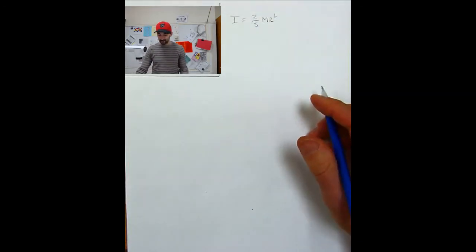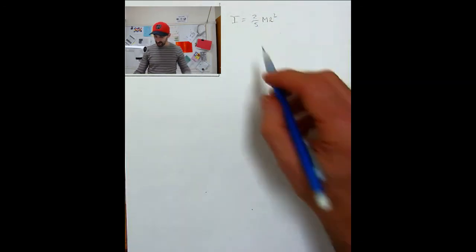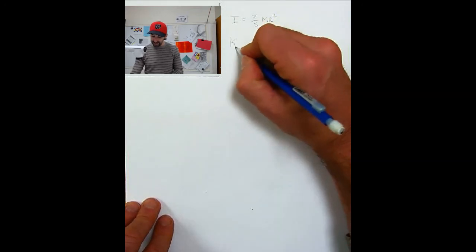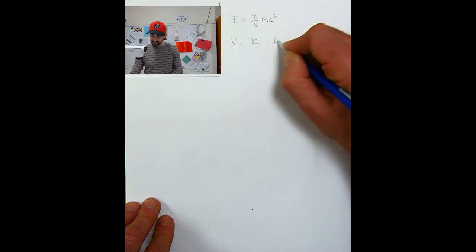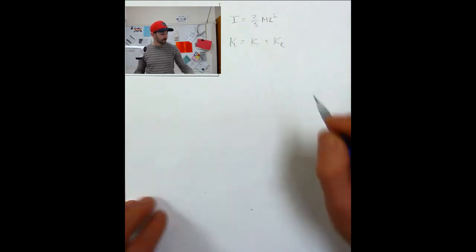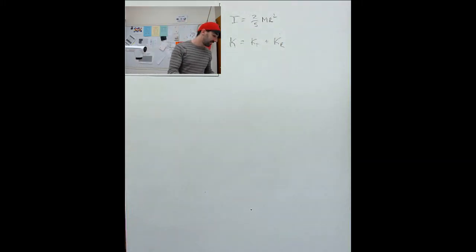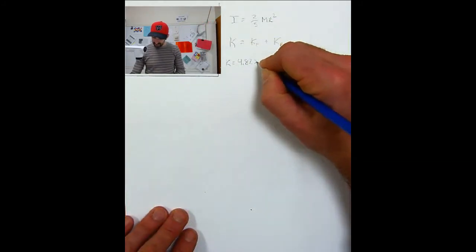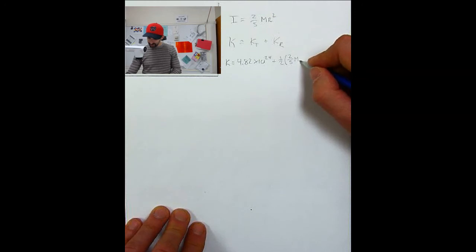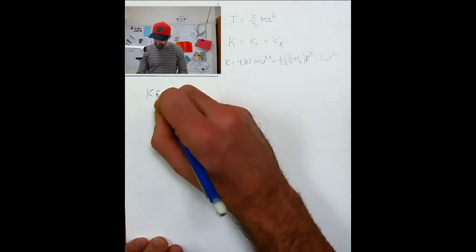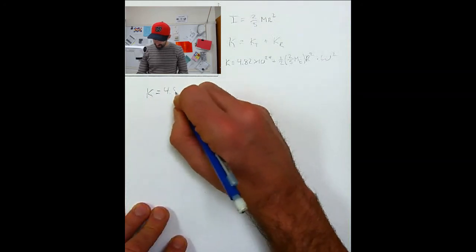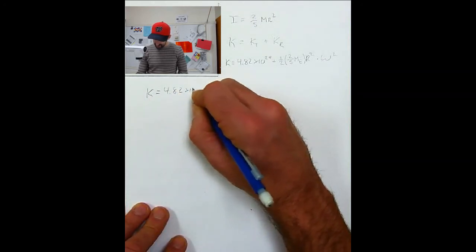So, just proved that. I'm finally going to go back now into my kinetic energy, which is equal to K translational plus K rotational. We already got K translational. K is equal to 4.82 times 10 to the 24th.